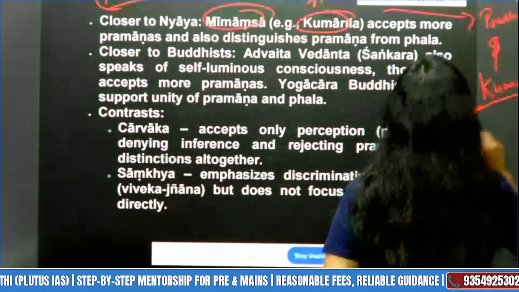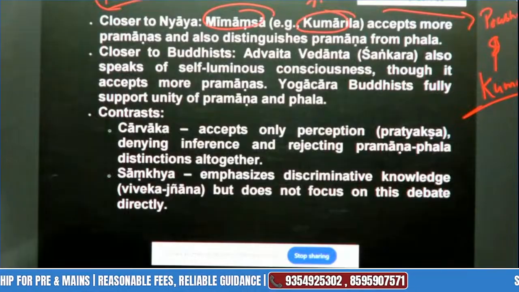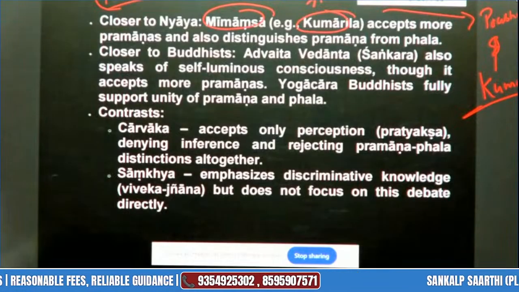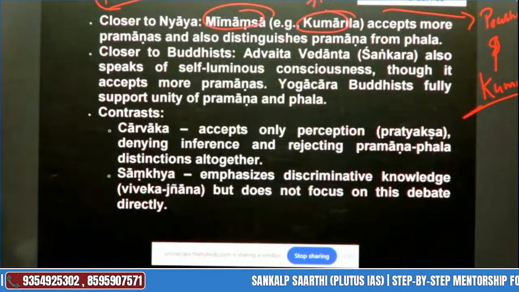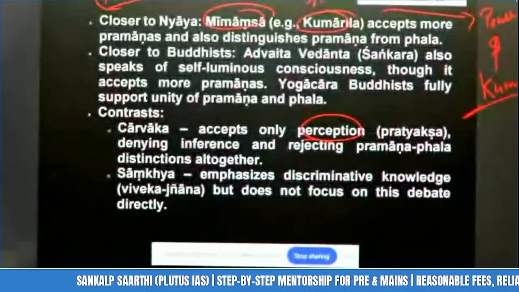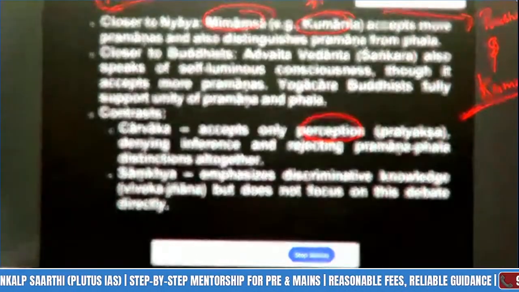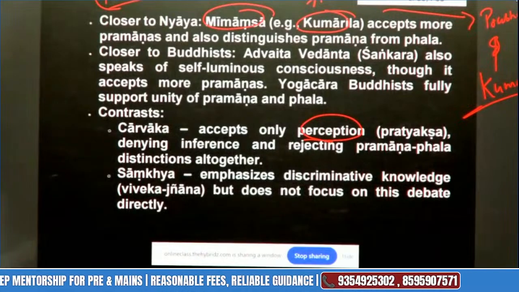I'll be making one table of all the means of knowledge and I want you to note it down. Then, in contrast, Charvaka accepts only perception, right? Only one means of knowledge, denying inference and rejecting pramana phala. Sankhya emphasizes discriminative knowledge but does not focus on this debate directly.